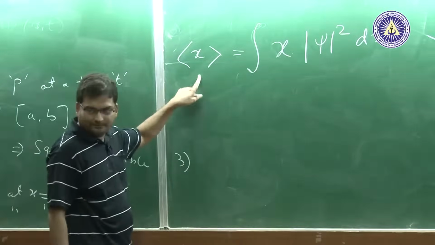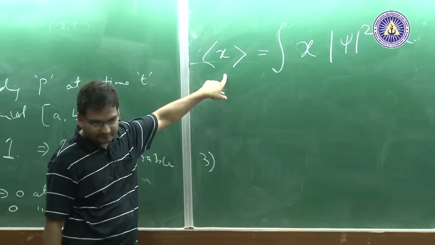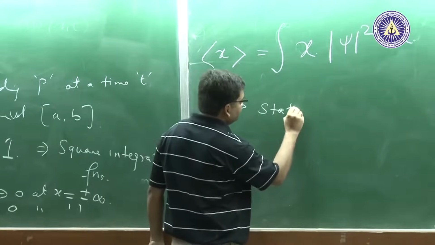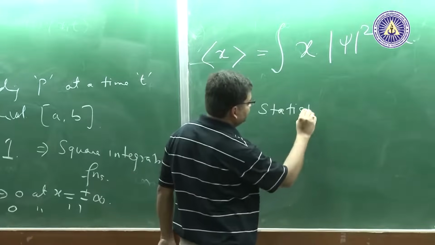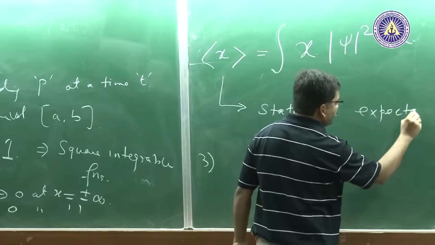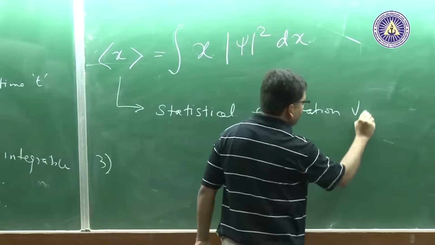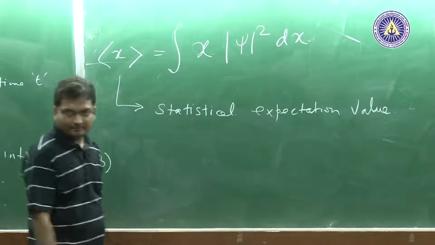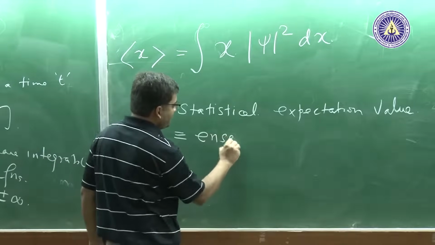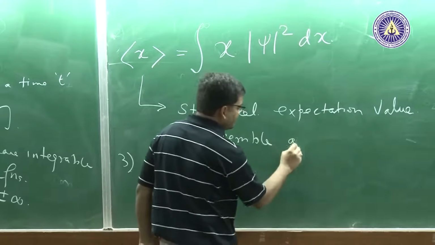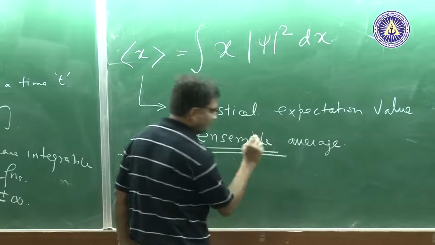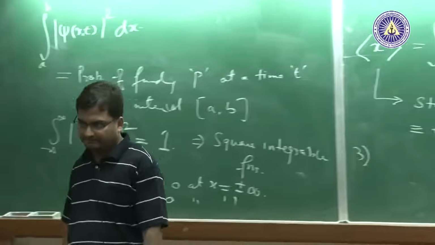This is the only observable I can define in quantum mechanics, which is the statistical expectation value, or what I call the ensemble average, purely in a probabilistic sense.